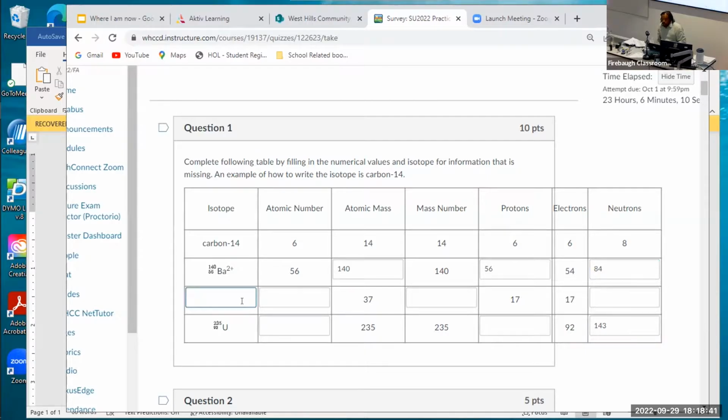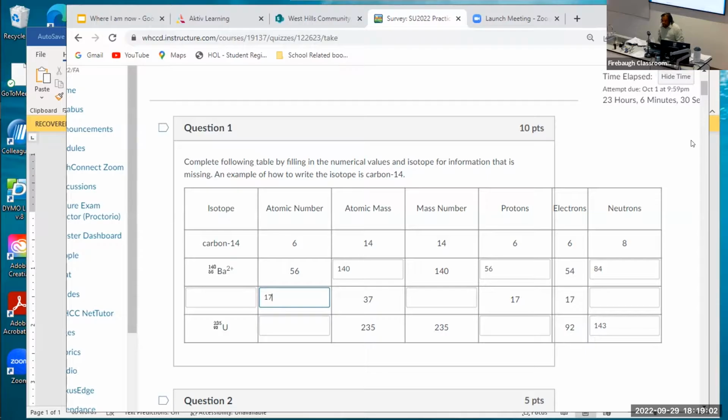Okay. So what would be this element? Now, figure out. If we work back, what is this atomic number? 17. How did you figure that out? Protons.